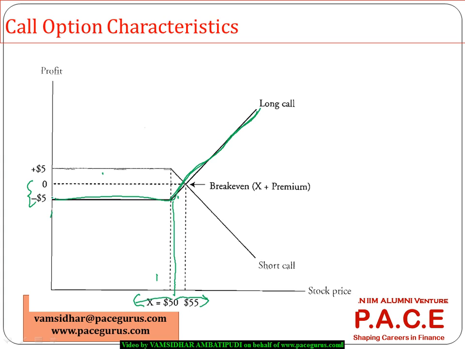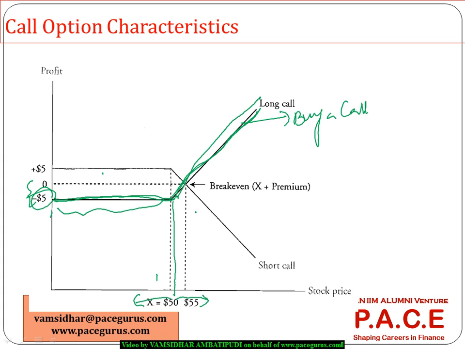Assuming that $5 is the premium, at the max up to the market price of $50, the loss will be to the extent of premium, but after that he will start gaining. So the typical buy a call or long call graph will be more or less like this.